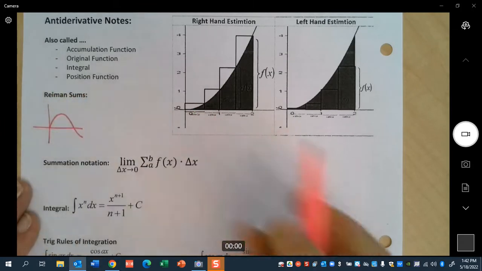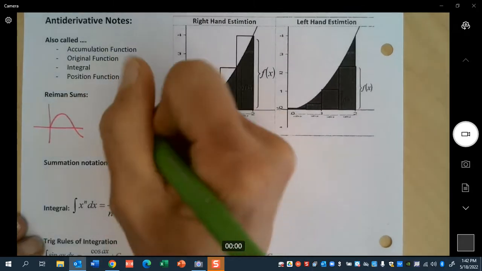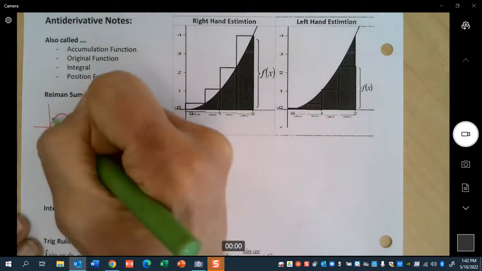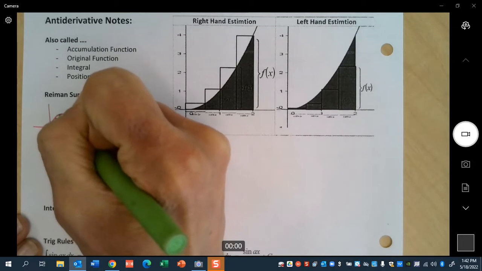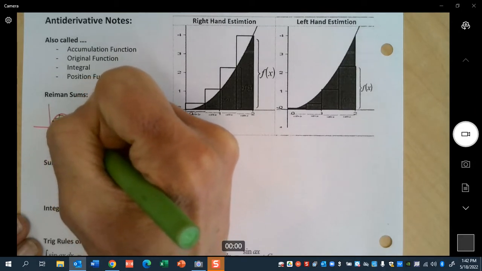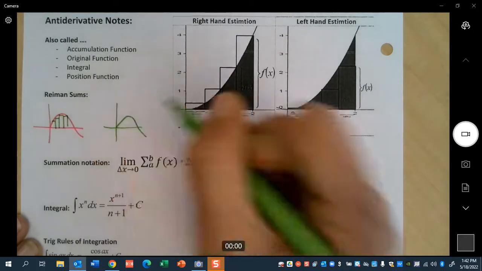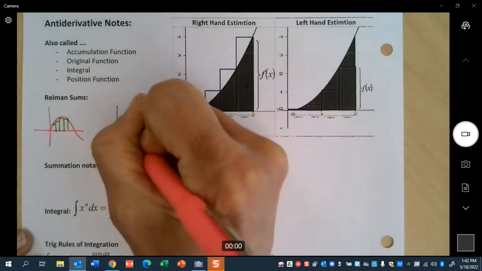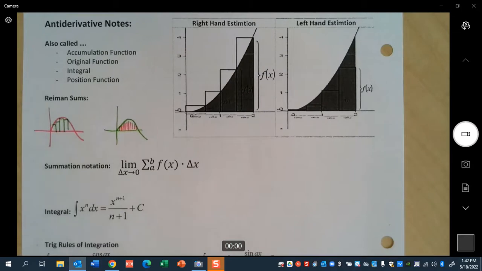Let's say I'm doing this graph here, and let's say I'm doing this graph here. If I'm doing Riemann sums, and I'm doing left-hand sums, the more rectangles that I do, the more accurate a reading I'm going to have when I'm finding that area under the curve.